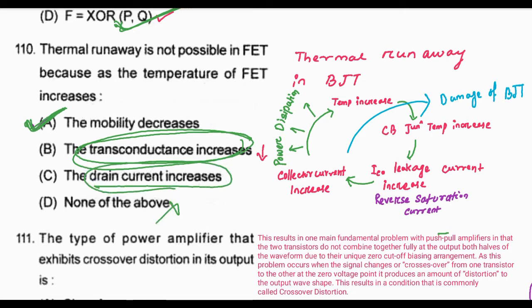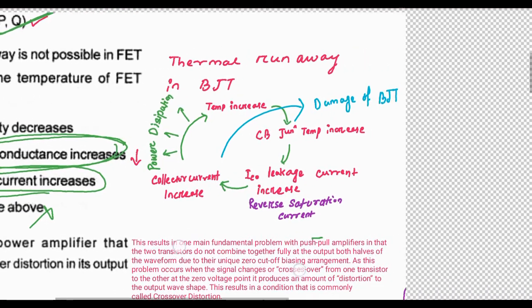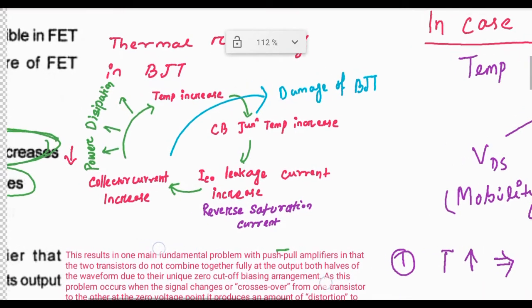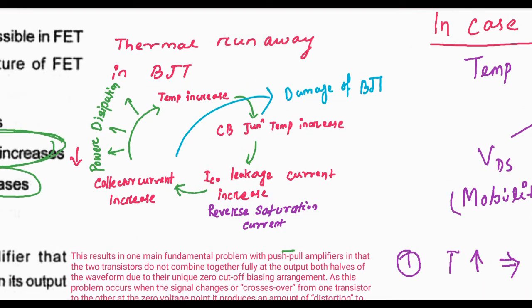So here I am explaining, in case of BJT, that means bipolar junction transistor, if temperature increases, what will happen? Base to collector junction temperature will increase, and that will cause the ICO, that is the reverse saturation current, that is the leakage current, to increase, and that will again cause the collector current to increase.